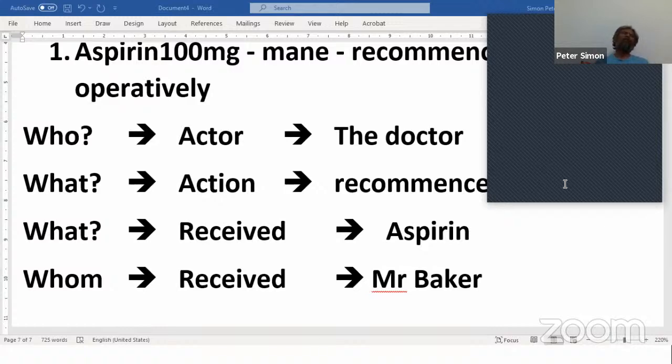But you have to take another verb. Commencement of aspirin was done or performed. So why do you want to write another word? Leave it. So aspirin was commenced.